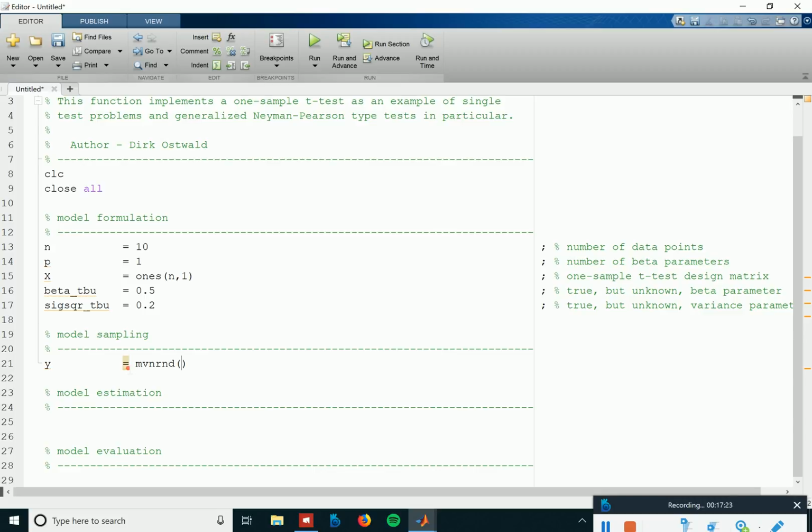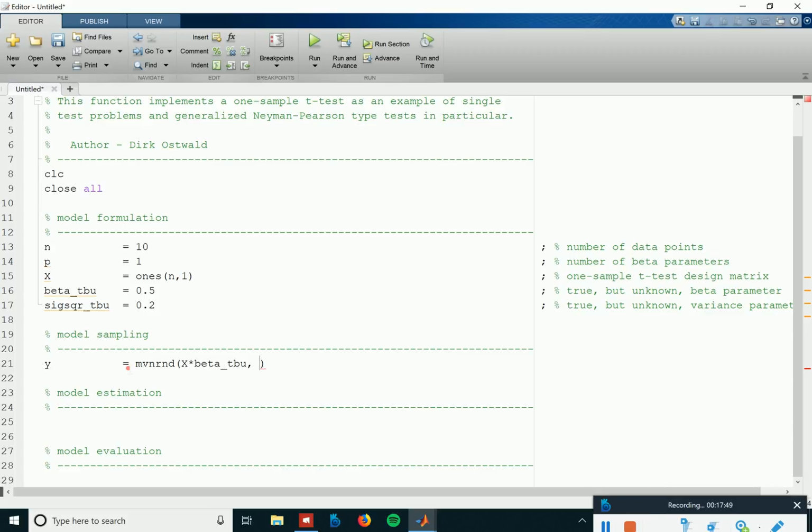The expectation parameter, exactly. So x and beta create the expectation parameter, or the mean of this distribution, as people also say. And what's the other parameter? Yeah, the variance, but it's a multivariate Gaussian, so what do we call that? Yeah, it's a covariance matrix.